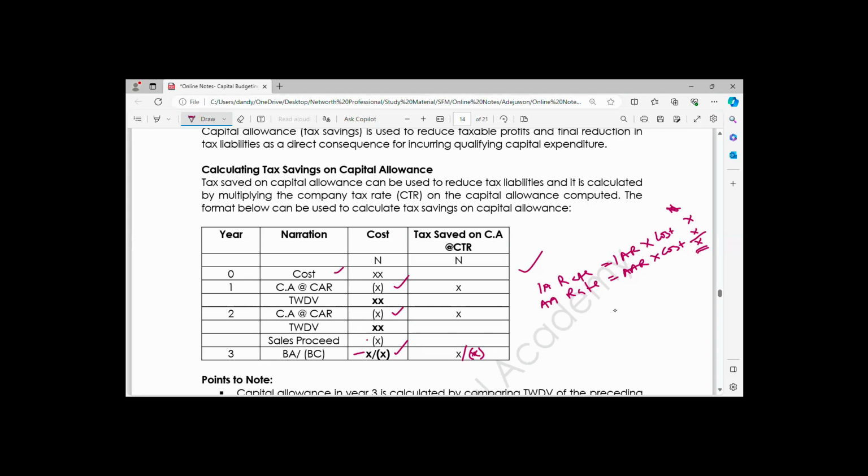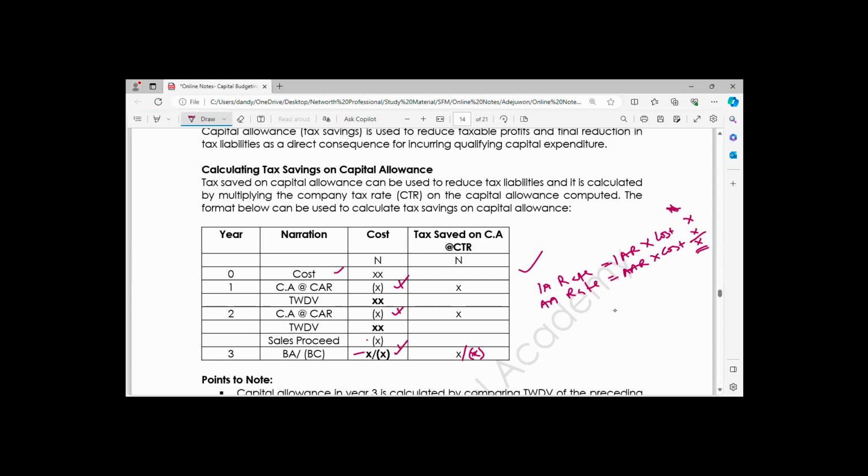I repeat, the essence of capital allowance is to reduce tax liability. So I can use capital allowance that I've computed, this, to reduce my tax liability. I can either use my capital allowance or I use tax saved on capital allowance to reduce my tax liability. Whichever one I use, I'm going to arrive at the same answer at the end of the day.